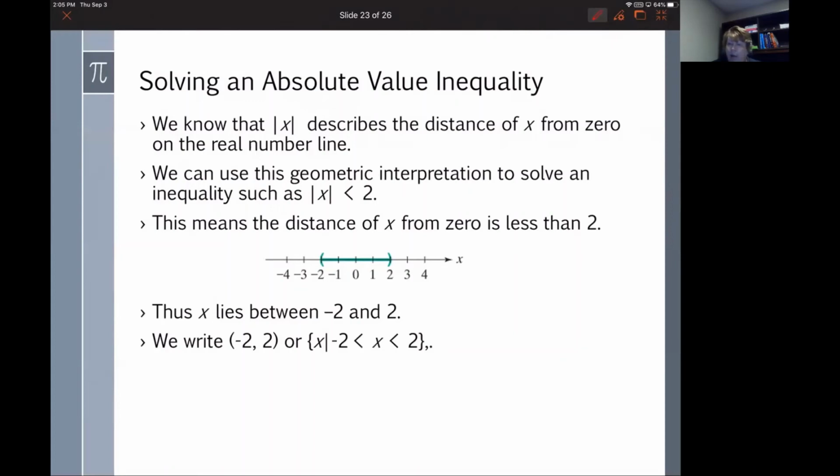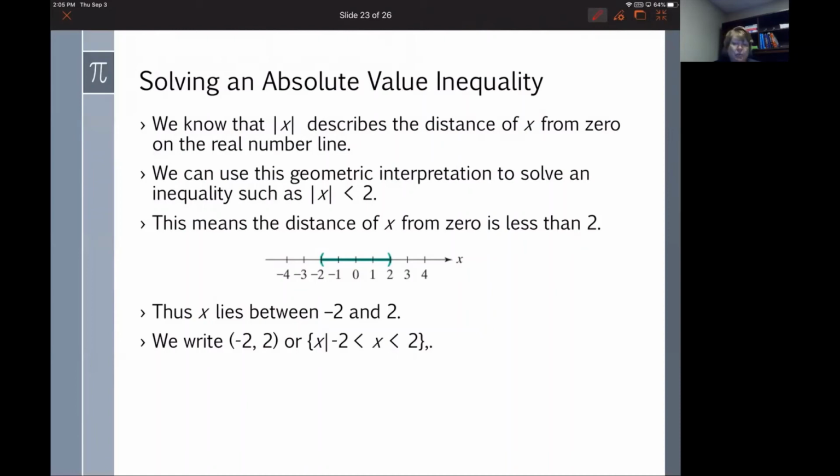So where on the number line is the distance from 0 less than 2? Well, between -2 and +2. That's the only interval over which the distance from 0 is smaller than 2. If you're to the left of that interval or to the right of that interval, the distance from 0 is larger than 2.